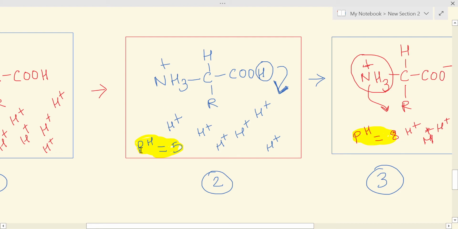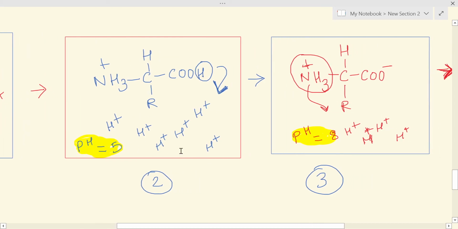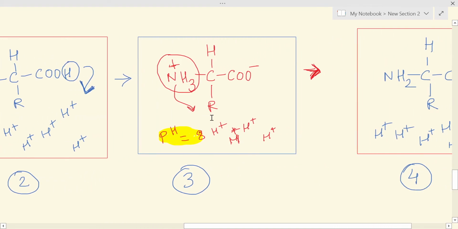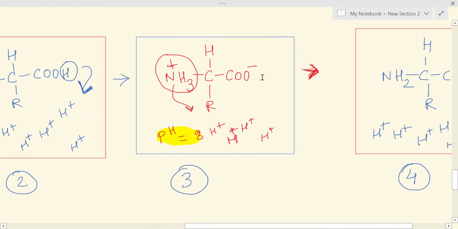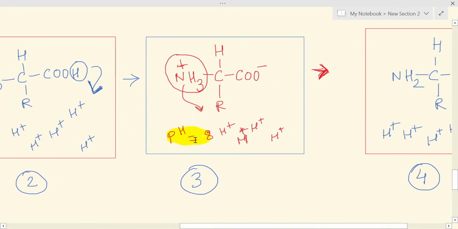And after raising the pH to 5, hydrogen ion concentration will decrease in the medium, and to balance this decrease, this COOH will release its hydrogen ion in the medium, and as a result we will get the carboxylate ion because it has donated its H plus. Now I have raised the pH from 5 to 8.